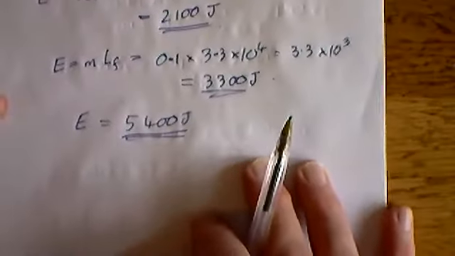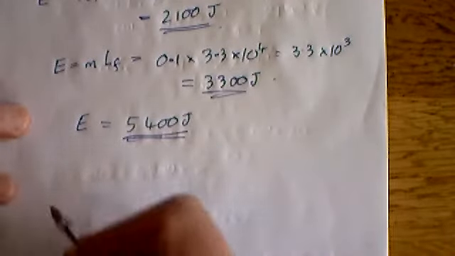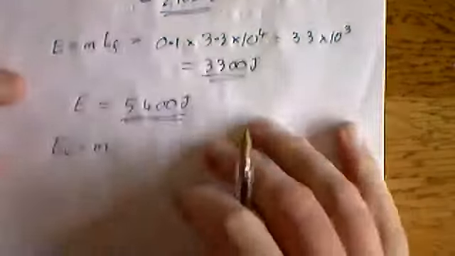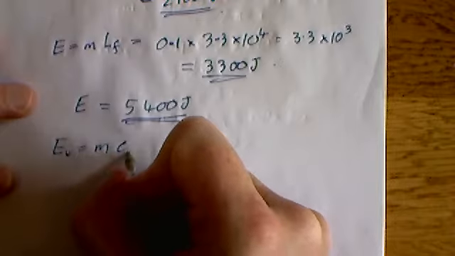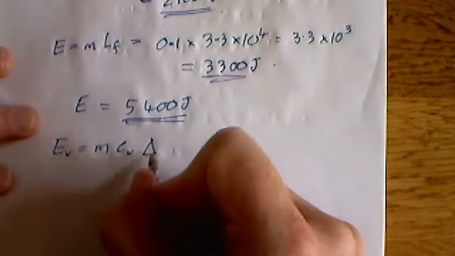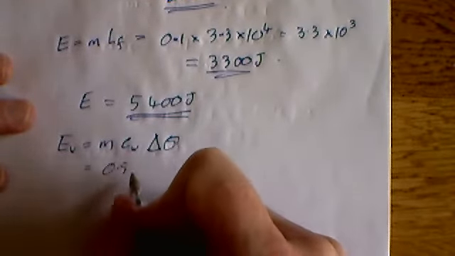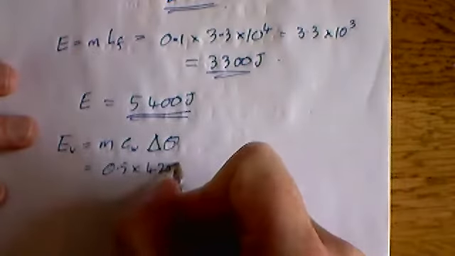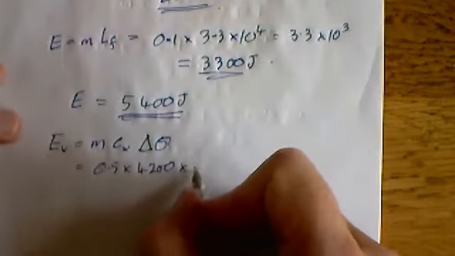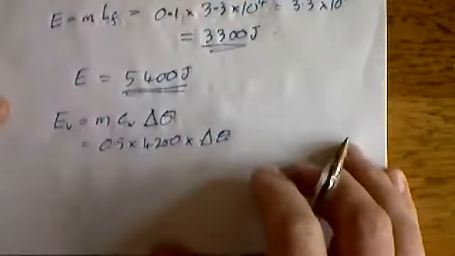Okay, so what temperature is our hot drink by the time the ice is melted? Well, that's going to be the energy going from water again: mass times specific heat capacity of water times the change in temperature. So we've got 0.5 kilograms of water times 4,200 times delta theta.